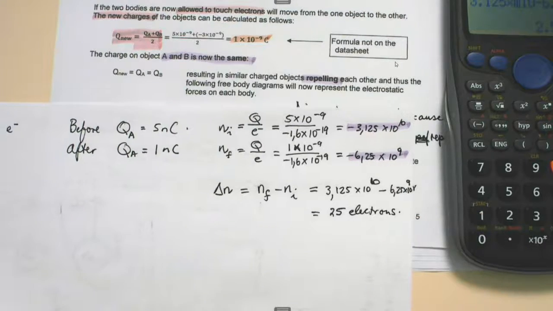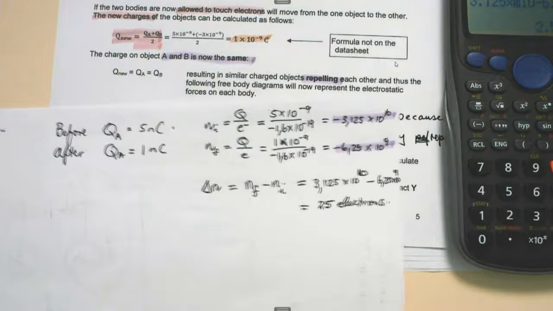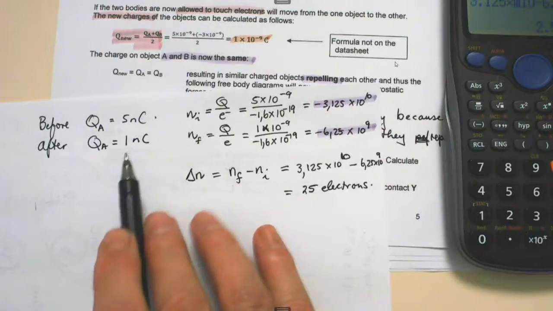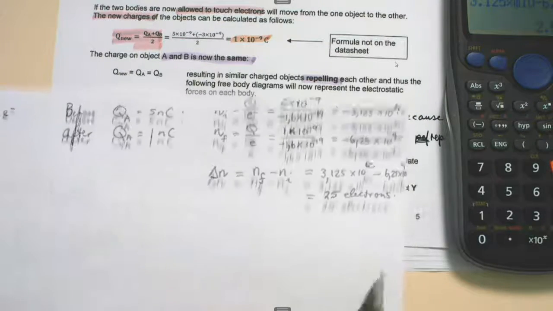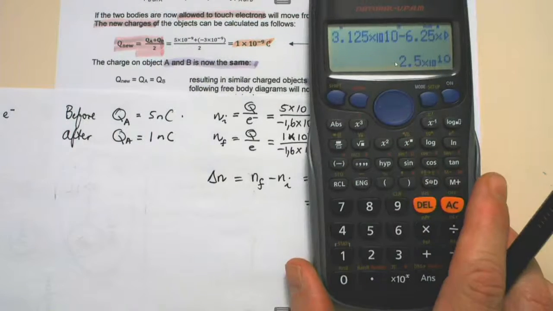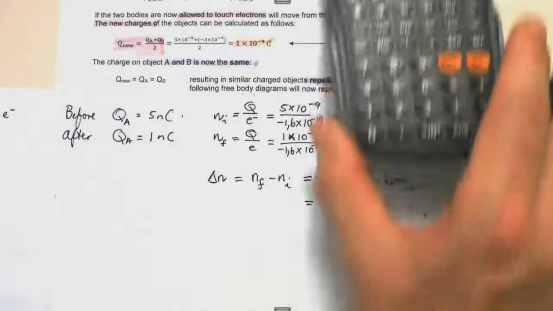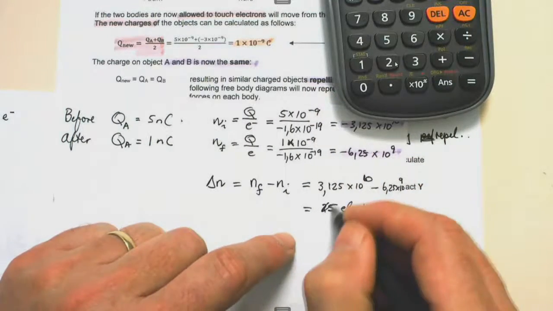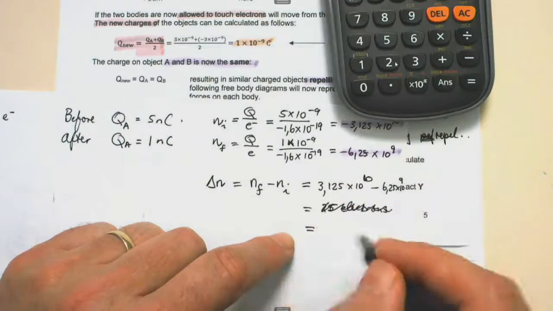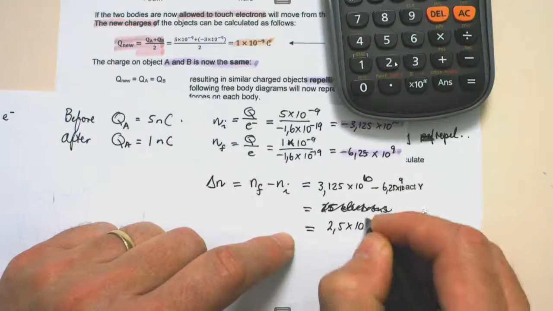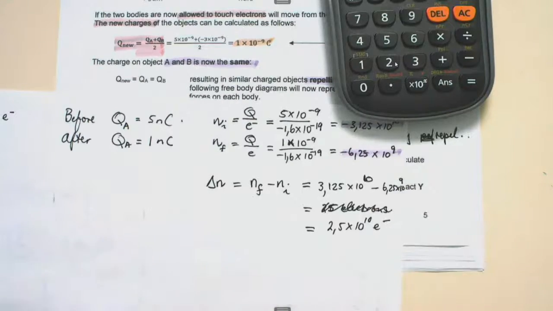So it gained electrons from the other body. It was positive, now it's less positive. And there's my answer, 2.5, oh sorry, it's 2.5 times 10 to the power 10. I thought it looked like too little a number. Okay, that is 2.5 times 10 to the power 10 electrons that it has gained.